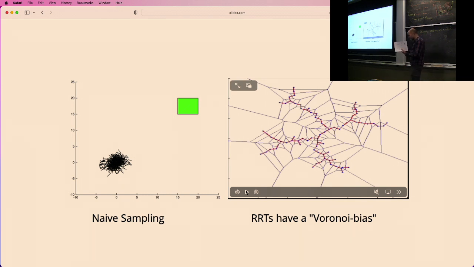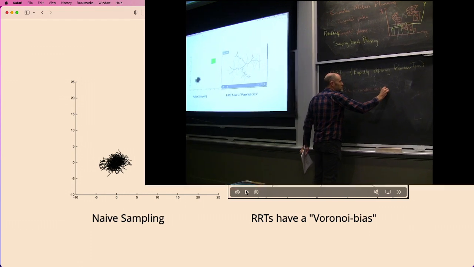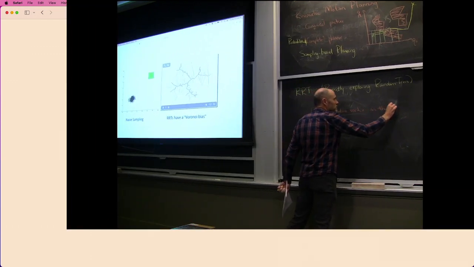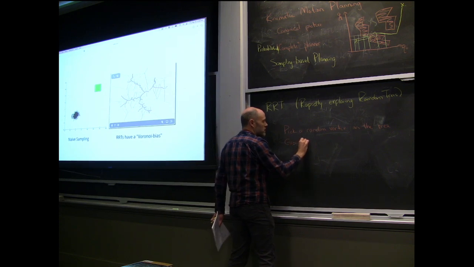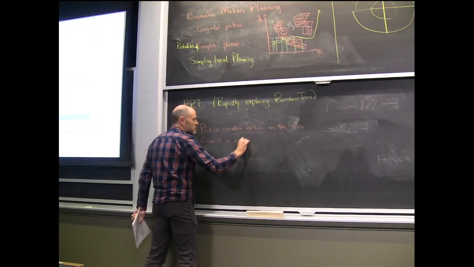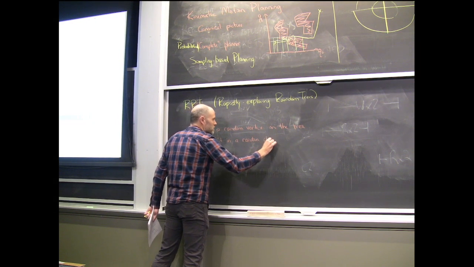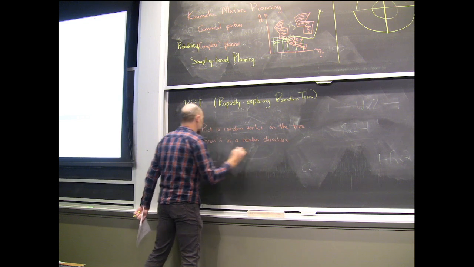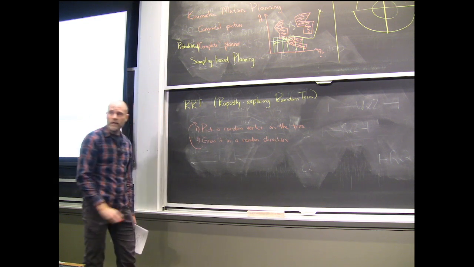So this naive sampling, if that algorithm on the left was basically pick a random vertex on the tree, grow it in a random direction, repeat, right?